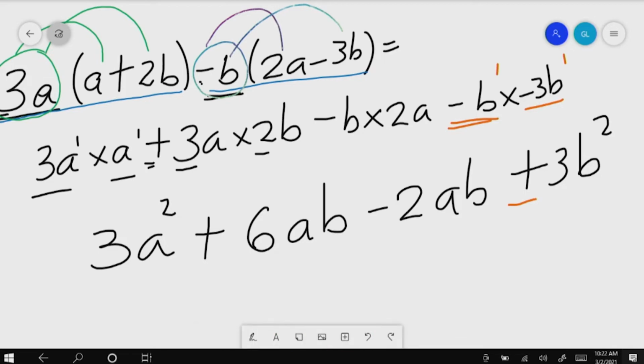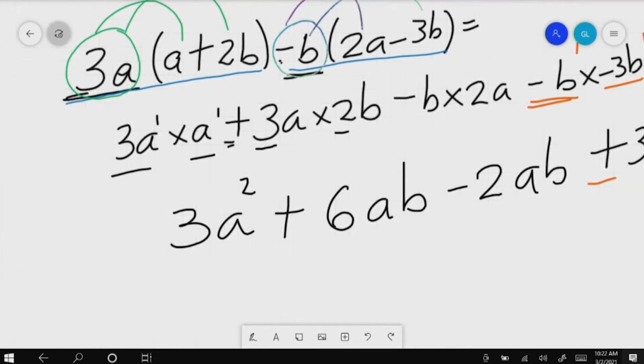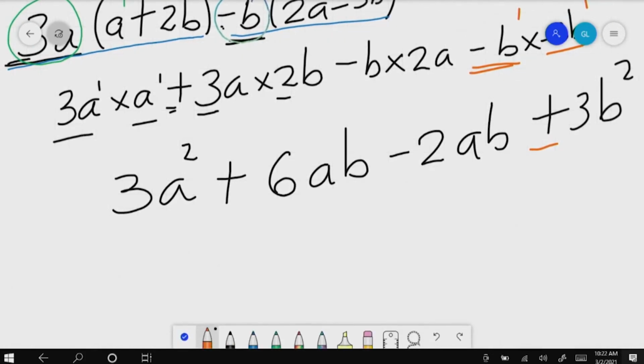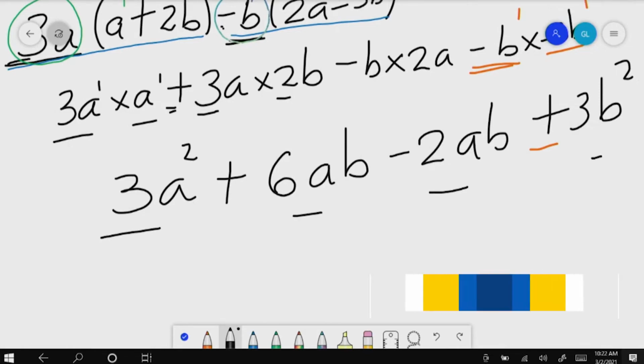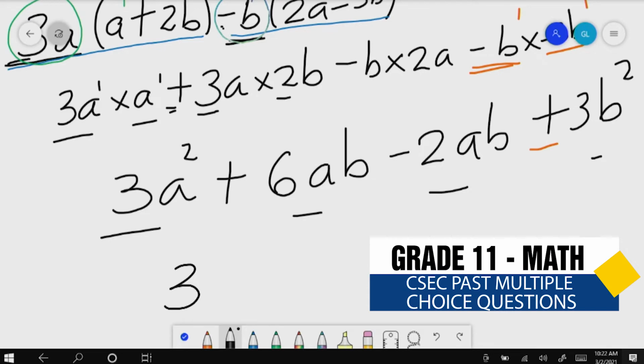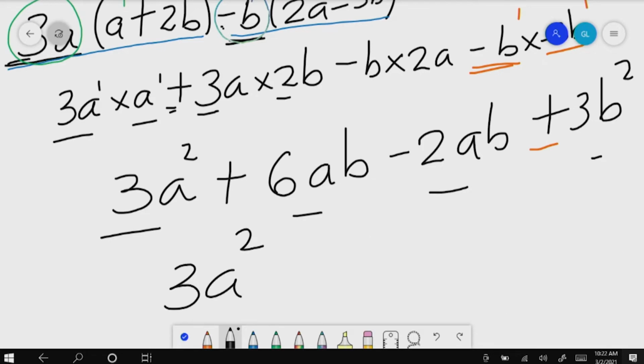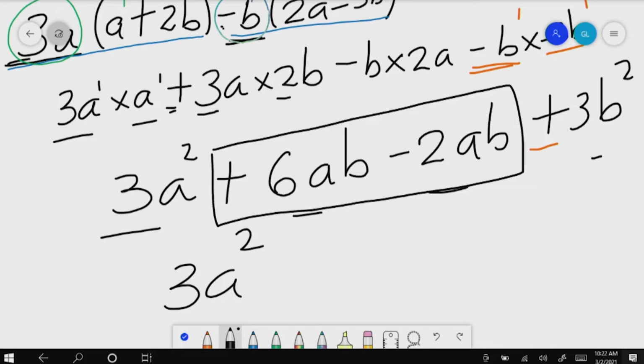For the simplifying, 3A squared: when we look through these terms, there's no other A squared term, so we could leave that alone. However, we would have seen here we have a positive 6AB and a minus 2AB.